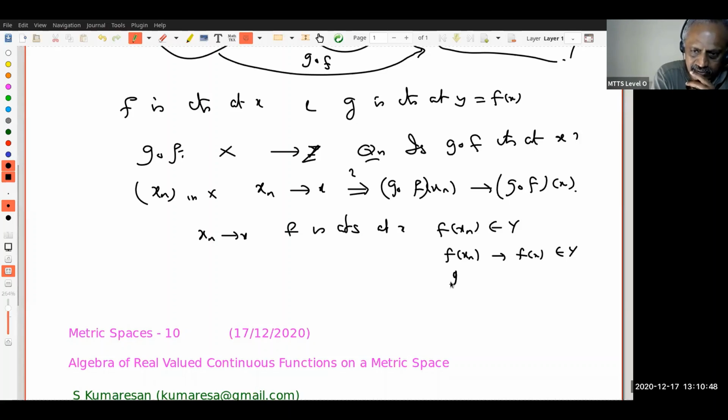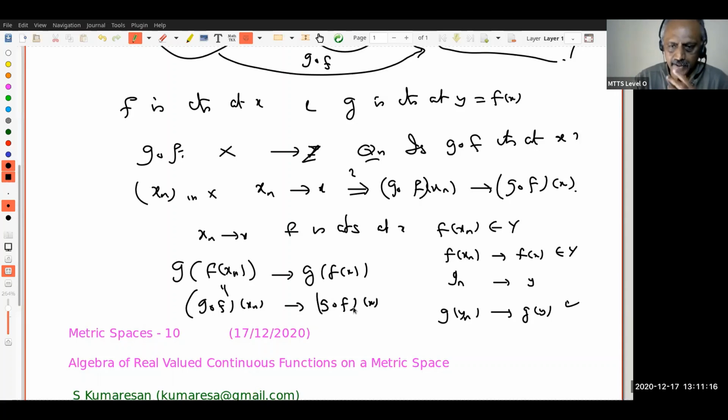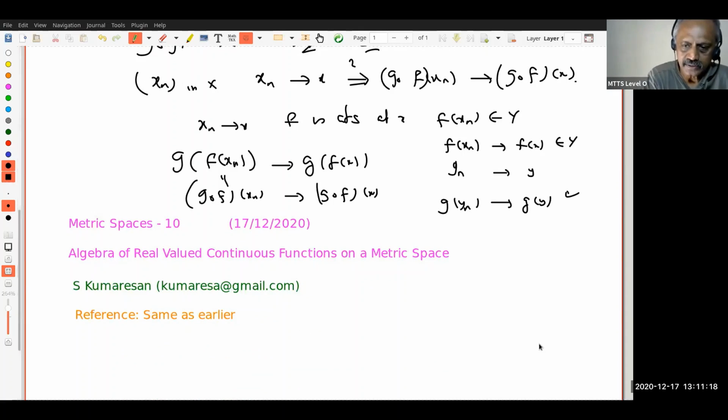Now you can think of this as a sequence y_n which converges to y. Now what do I know about g? g is continuous at y. Therefore, g(y_n) should converge to g(y). But what is g(y_n)? It is g(f(x_n)). Where does it converge to? g(y), that is g(f(x)). But this is by definition g∘f at x_n converging to g∘f at x. So we proved the result.